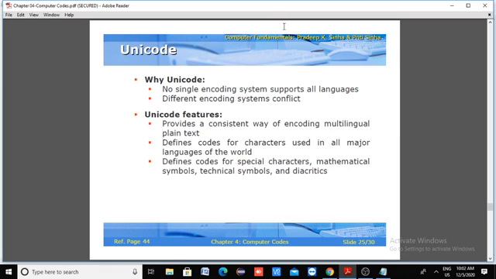Now we are going to discuss why we need Unicode. No single encoding system supports all languages.